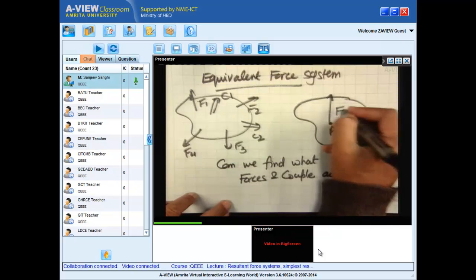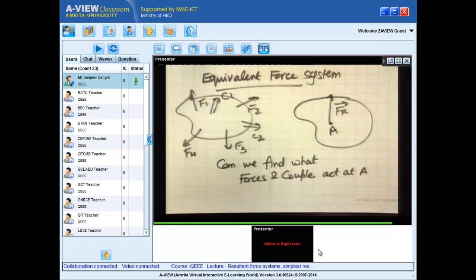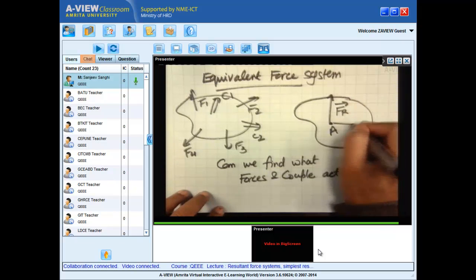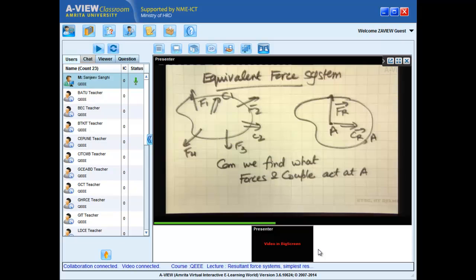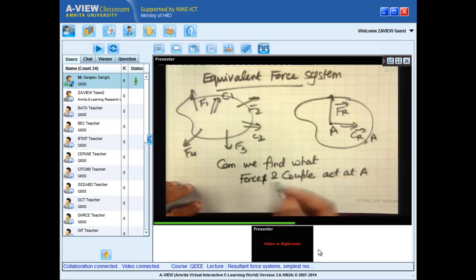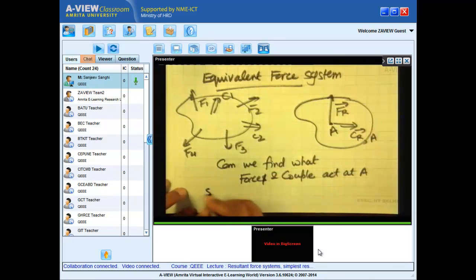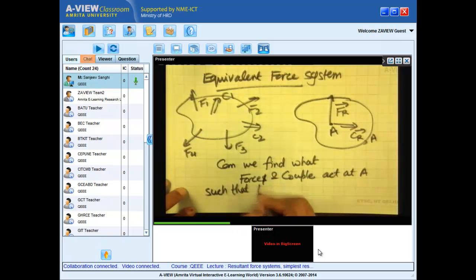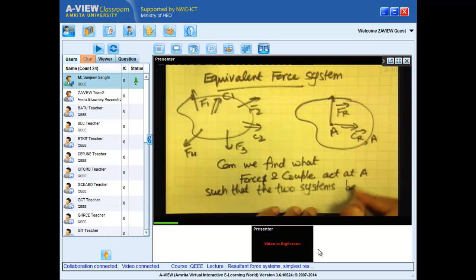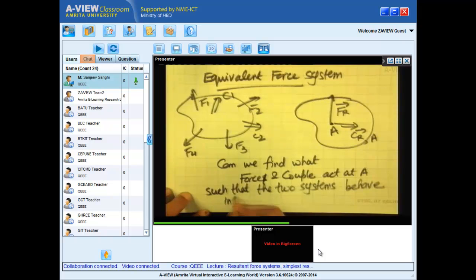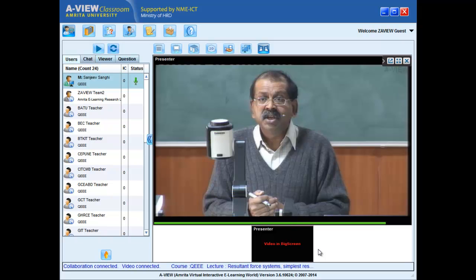That means a single force, let me call it Fr, R showing the resultant, and a single couple Cr at A, such that the two systems behave in the same way? If I can get to that, then I would have got my equivalent force systems.